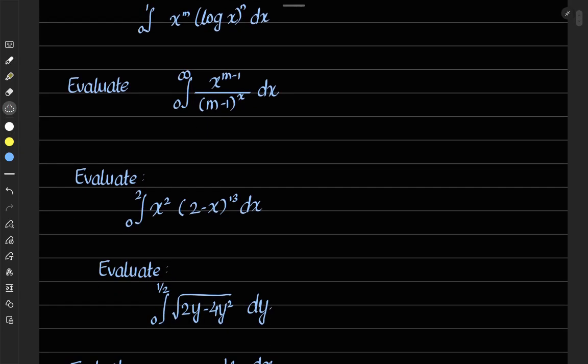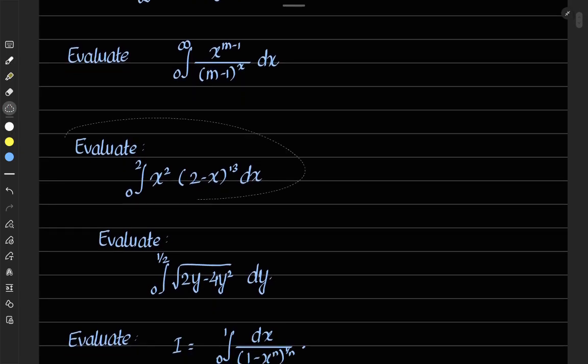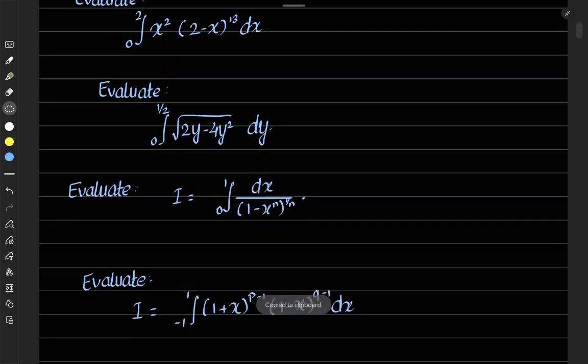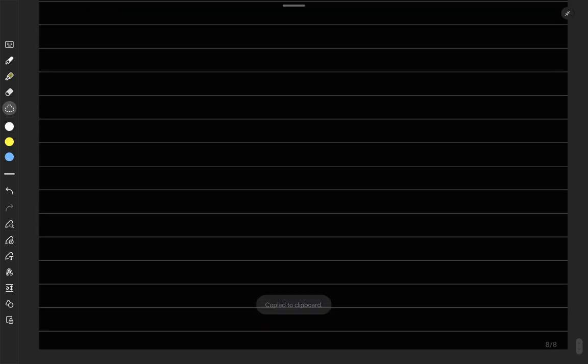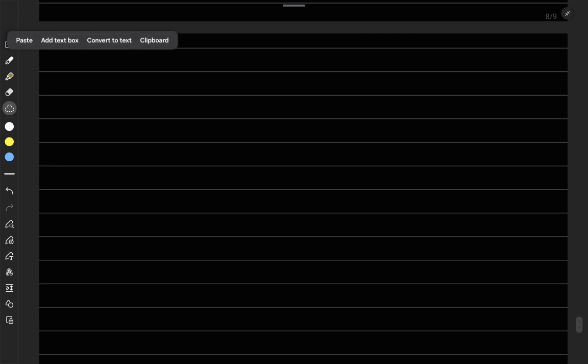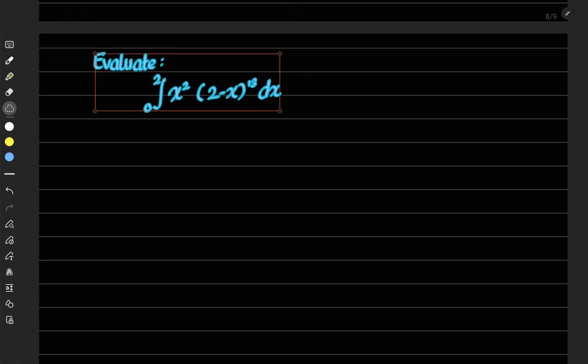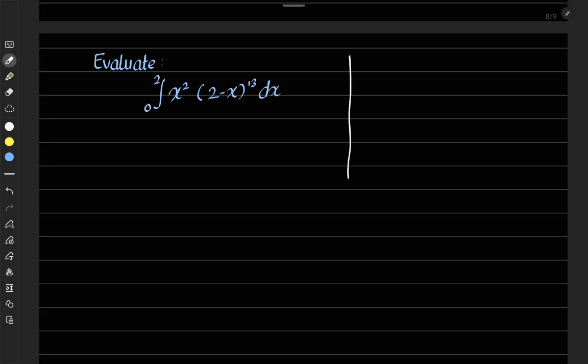So consider this example. Notice that again our beta function beta m, n looks something like this: integral 0 to 1 x to the power m minus 1 into 1 minus x to the power n minus 1 dx.